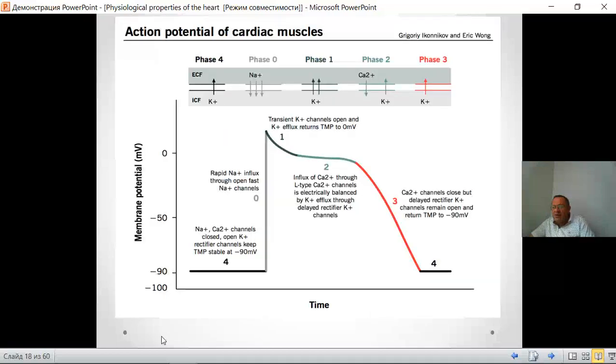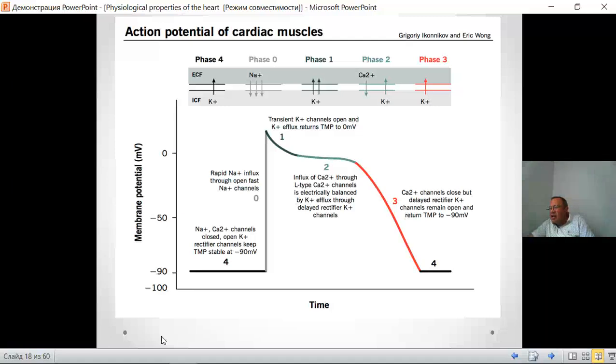Next phase, phase number 2, plateau. Calcium channels open and fast potassium channels close. A brief initial repolarization occurs and the action potential plateaus as a result of increased calcium ion permeability and decreased potassium ion permeability.